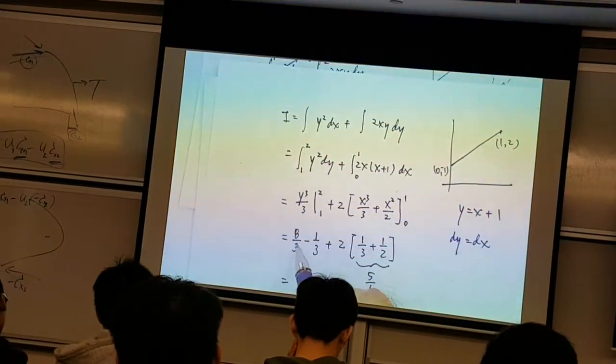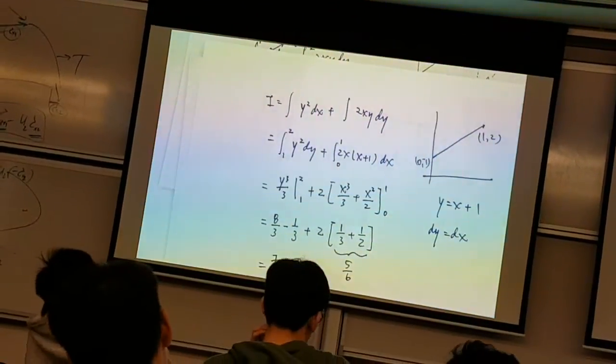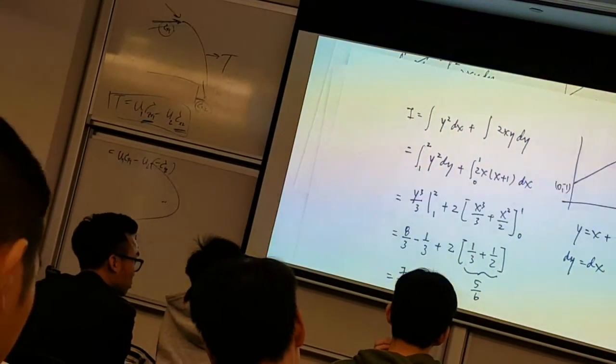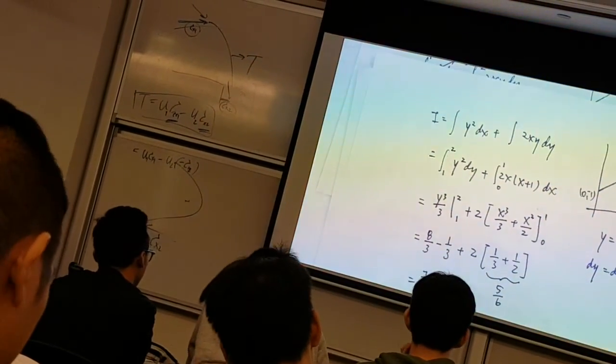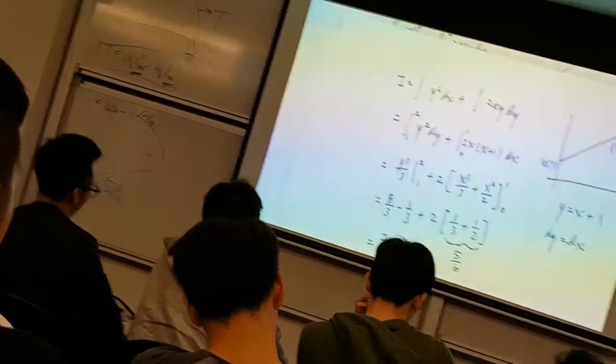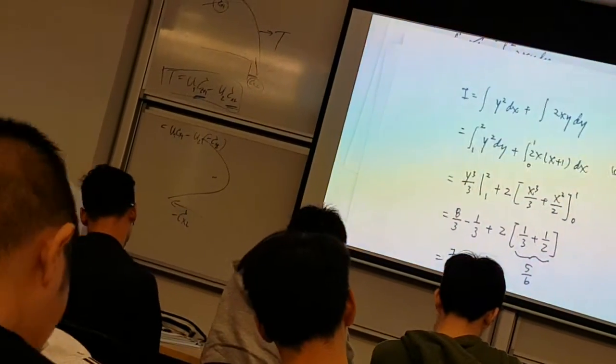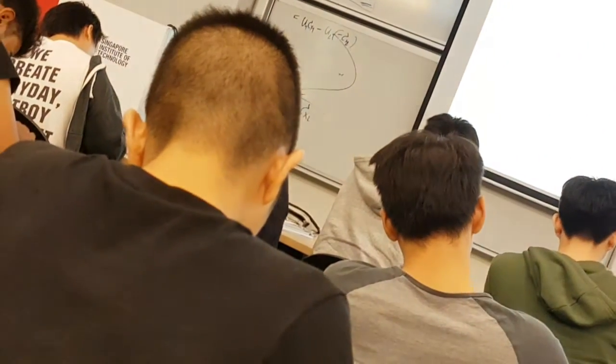So the first one is 8 over 3 minus 1 over 3, which equals 7 over 3, plus 2 times 5 over 6, which gives 5 over 3, and you end up with 4 again.